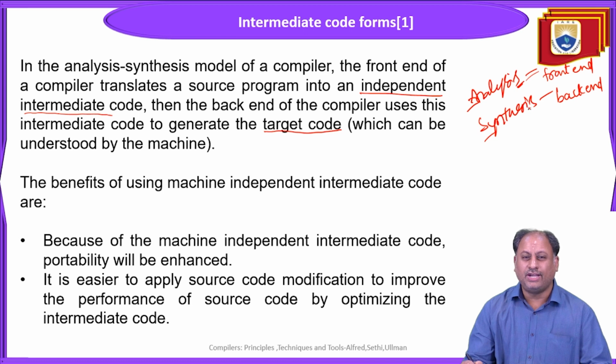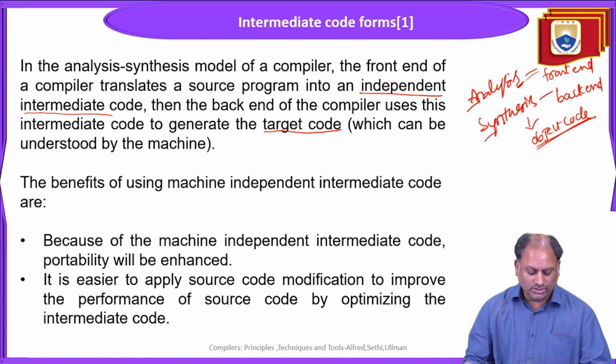That code is independent intermediate code, and this code is passed to the further phase of the compilation process, which delivers the code called object code, or target code, which is easily understandable and executable by the machine, giving the results. So what is the advantage of separating the analysis part and synthesis part, the front end and the back end?